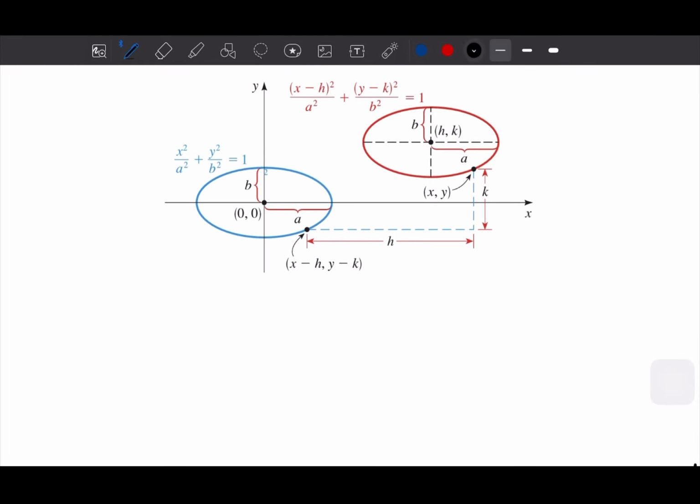Okay, another one. So this is shifted conics. Another one is the general equation of shifted conics.